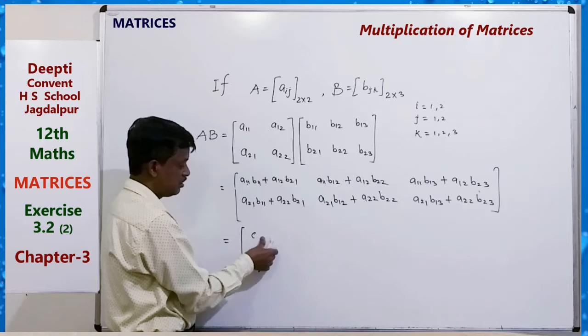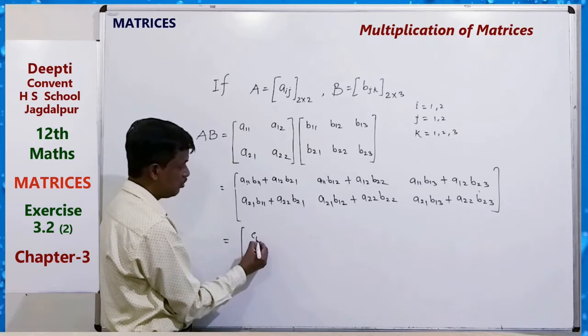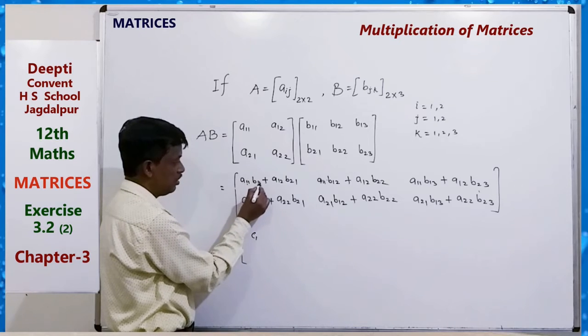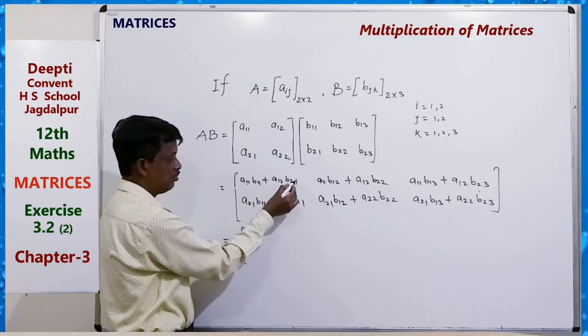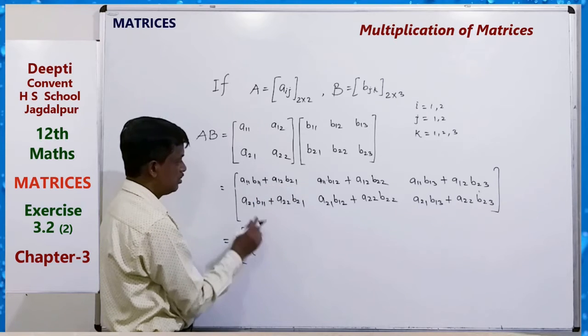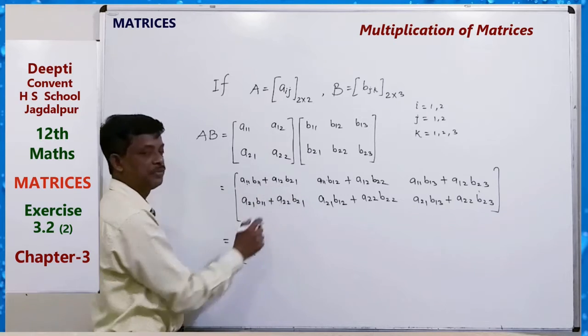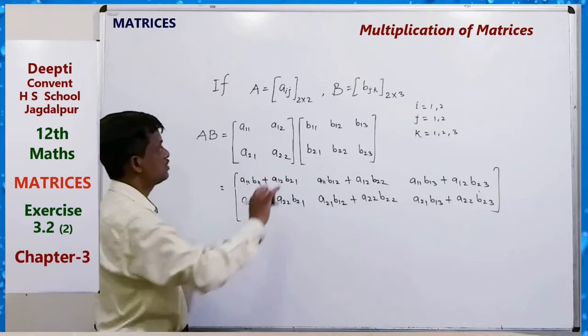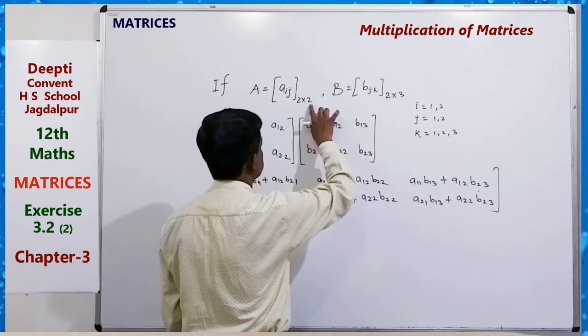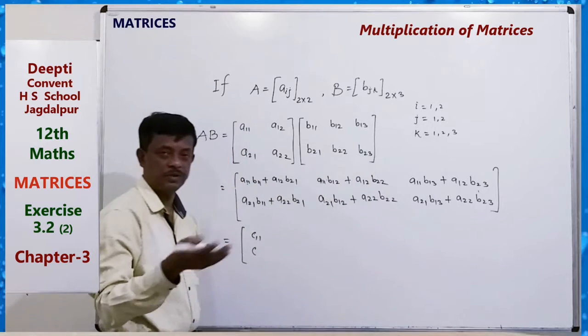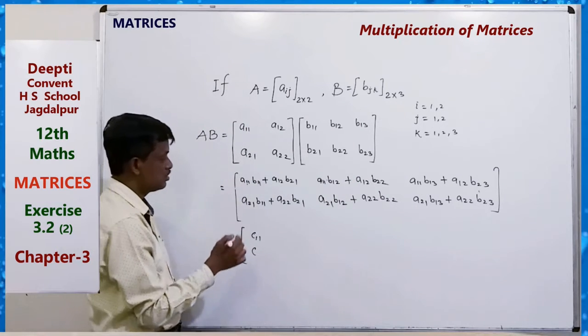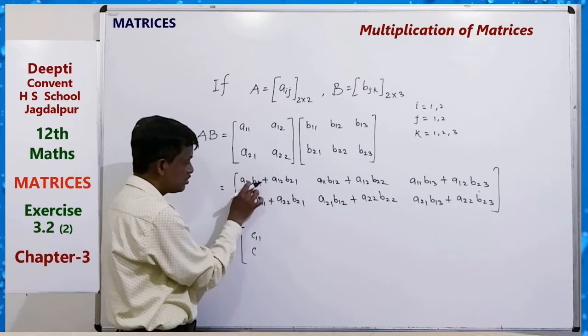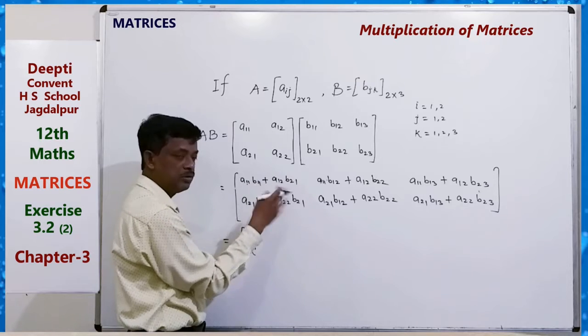So what is the element? 1 1 1 1 1. So 1 1. Just omit the common two things. Just 2 by 2, 2 by 3. So these 2 are omitted. So 1 2 3. So here 1 1. The ones in between 1 and in between 2 are neglected.